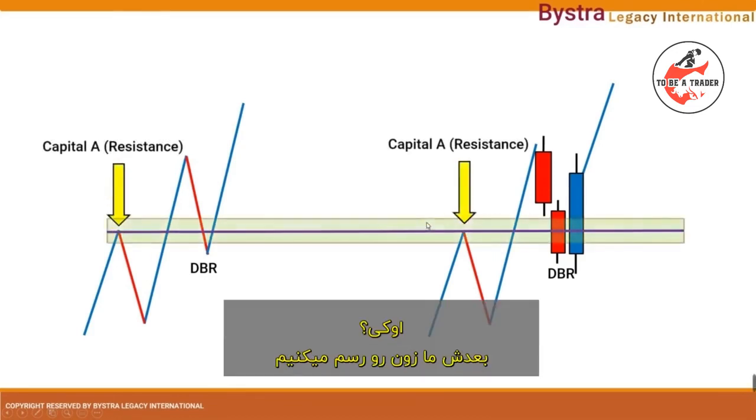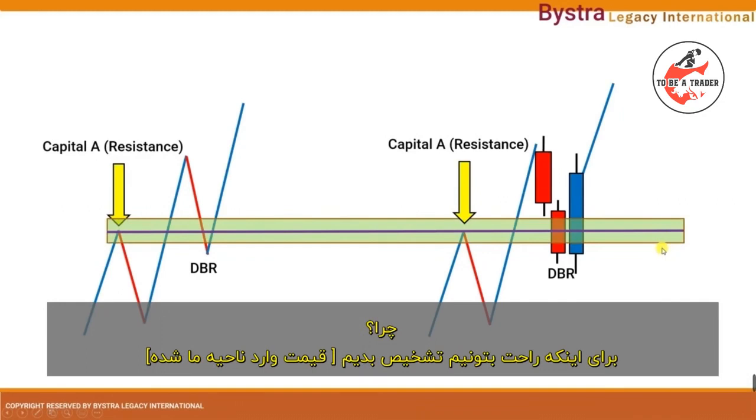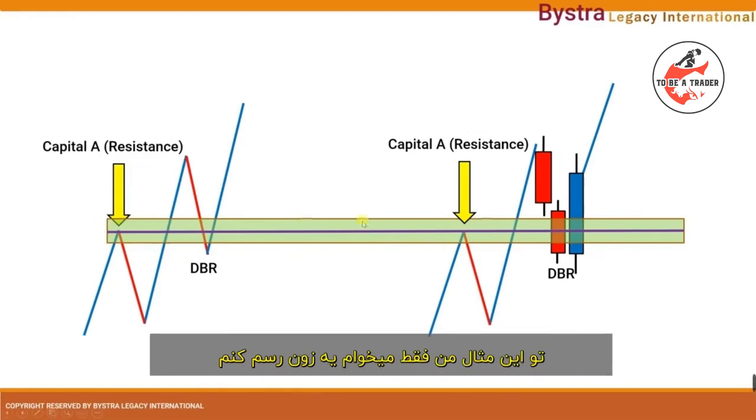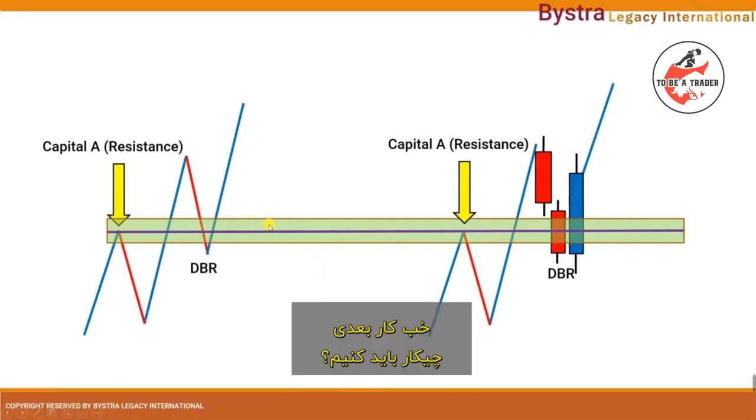Next, we mark the zone. This zone, like I said earlier, we just mark it so that it is easy to identify. There is no specification how you want to mark the zone. In this case, I'm just going to mark a zone so that it's easy for me to identify when the price comes into this area. So the next thing, what should we do?